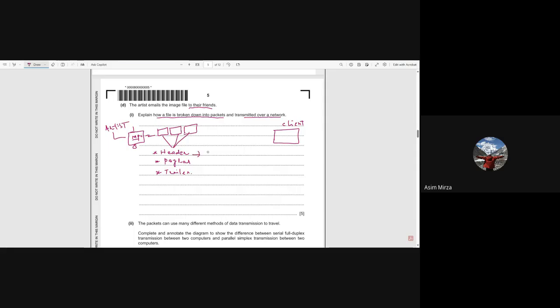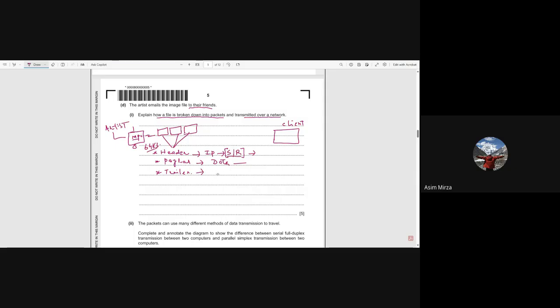In the header, we have the IP addresses of the sender and receiver. I am not writing this in full, I'm using short form, just to save time. IP addresses of the sender and receiver, and the packet numbers. Payload contains the actual data, and normally the packet is divided into 64 KB. And the trailer has some other information.